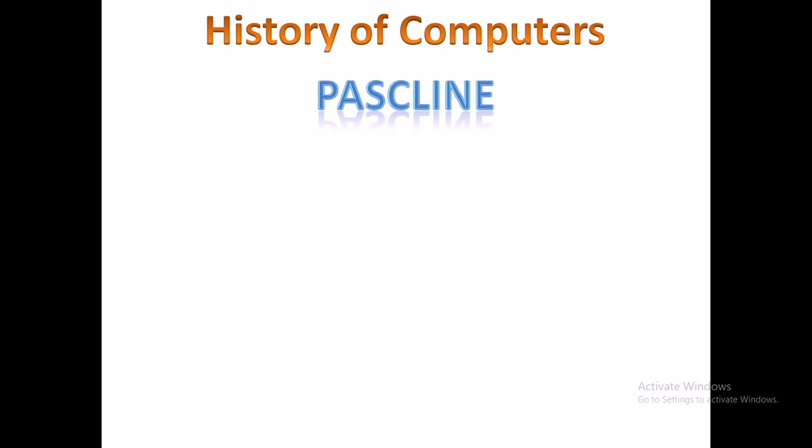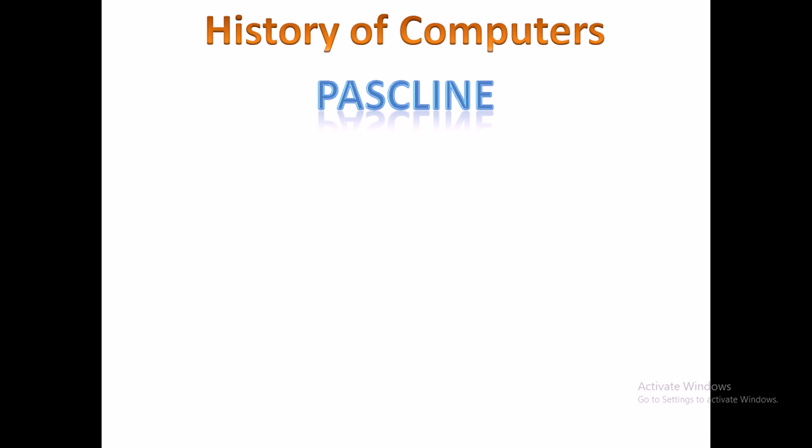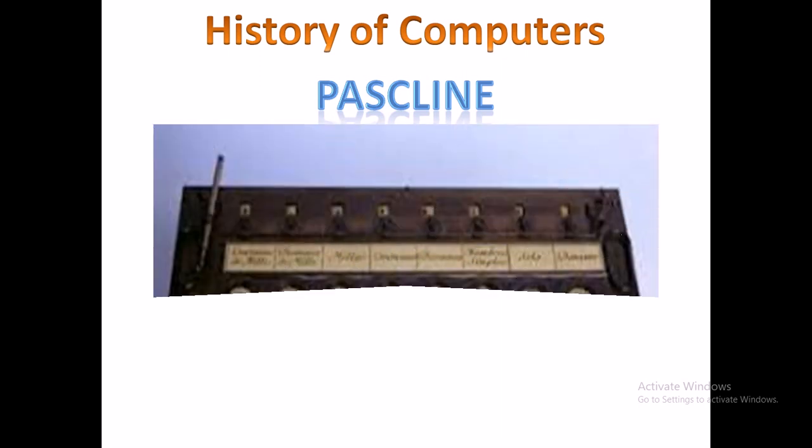The device was invented in 1642. Blaise Pascal was a young Frenchman who invented a mechanical calculating device for addition and subtraction. It consisted of a set of interlocking cogs and wheels on various axles.